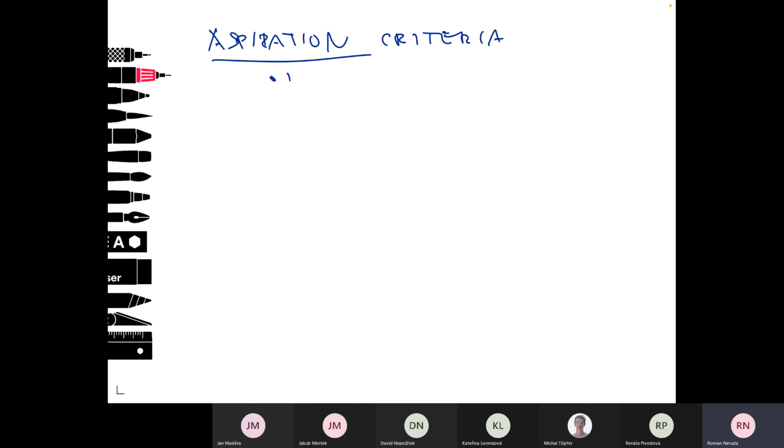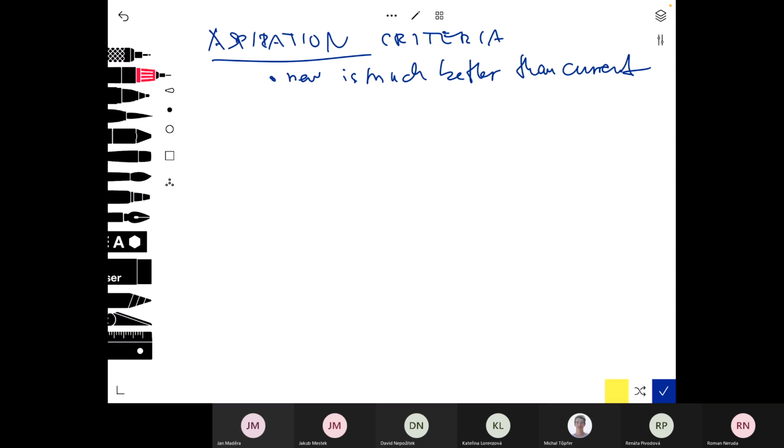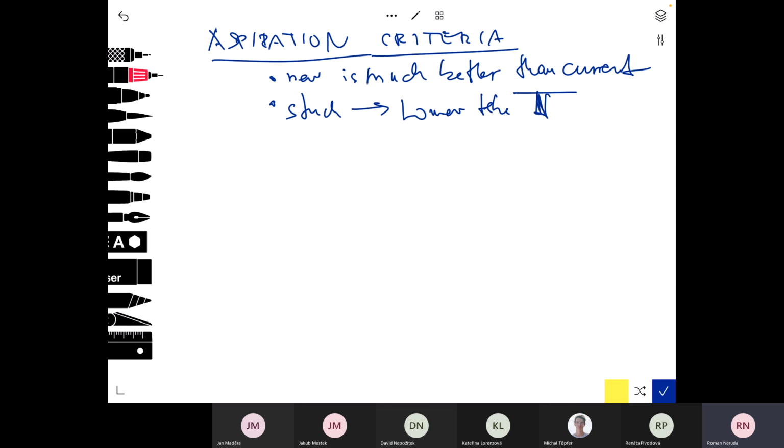So maybe if the new solution is much better than current, or another thing might be, that's sort of the simulated annealing approach, that if you're stuck for some time, you sort of lower the tenure of the individuals in the buffer, right?